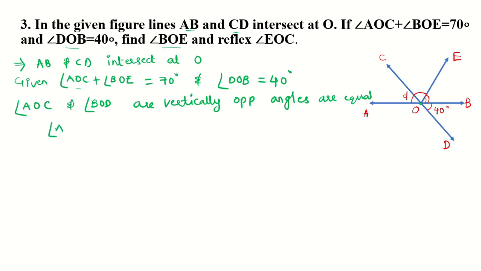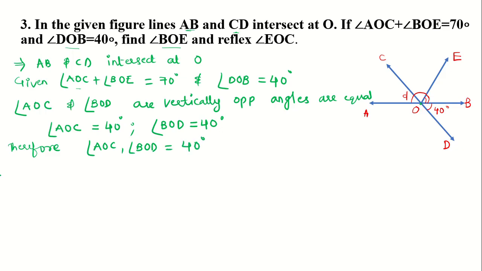So angle AOC equals how much? As it is given that angle BOD is 40 degrees, you'll get angle AOC as 40 degrees, because vertically opposite angles are equal to each other. Therefore, angle AOC, angle BOD is equal to 40 degrees.